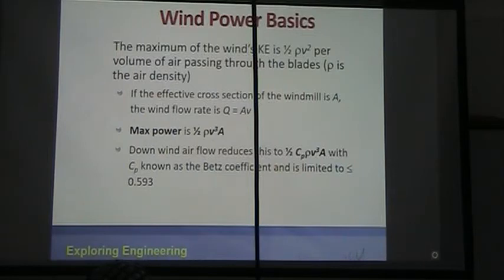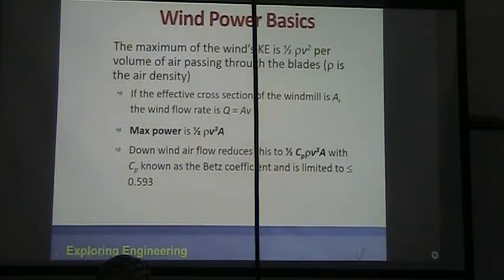Now, that would be the maximum amount. But as we know from the second law of thermodynamics, or the first law of thermodynamics, you can't win. So you can't get that maximum power out. So we put in CP.